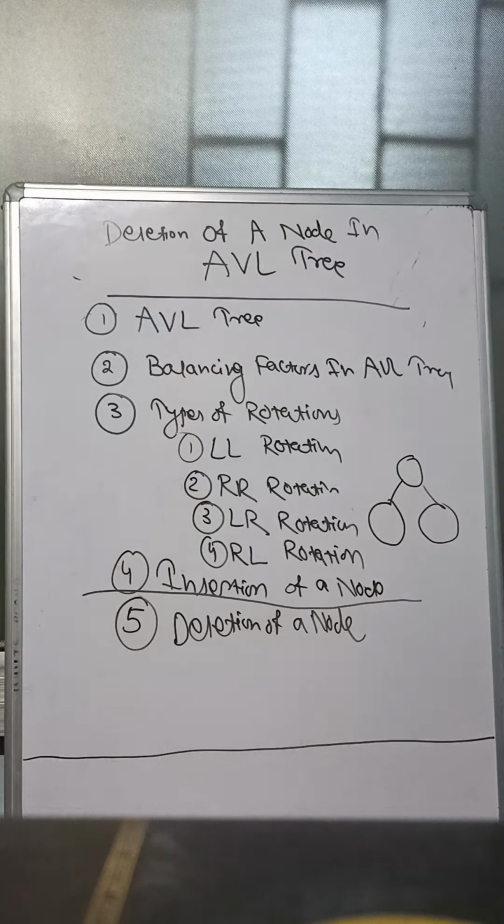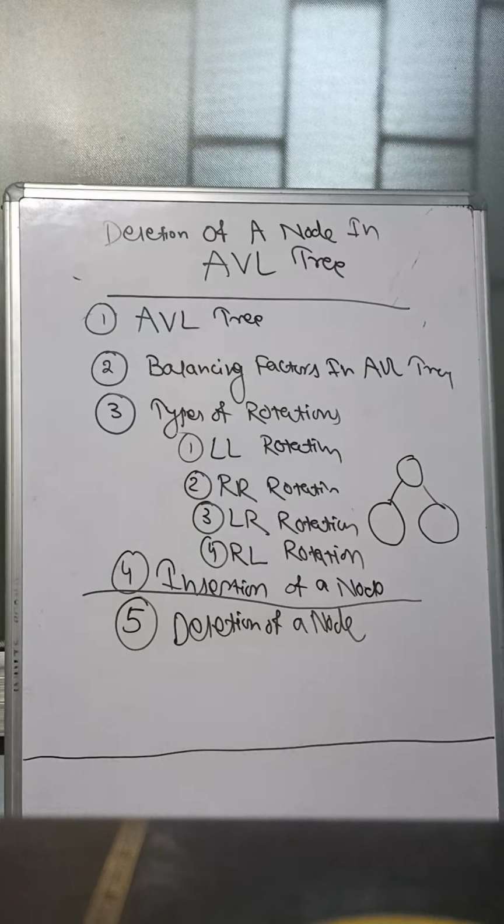Clockwise means how the hands of the clock rotate: 1 2 3 4 5 6 7 8 9 10 11 12. The clock always rotates in this way, so this is the clockwise rotation, this is your LL rotation. And when taking the right side of the node, this is the anti-clockwise rotation, this is your RR rotation.